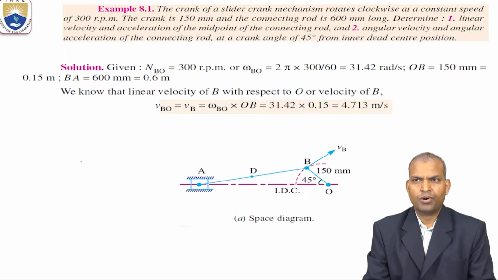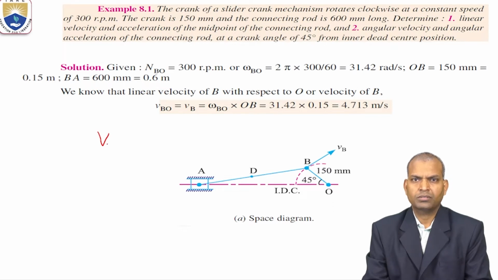Determine objective 1: linear velocity and acceleration of the midpoint of the connecting rod, that is point D, and linear velocity and linear acceleration of the point D, that is the midpoint of the connecting rod AB.